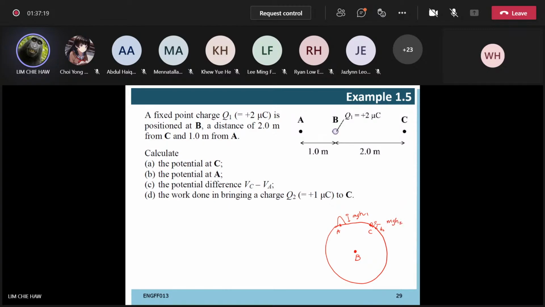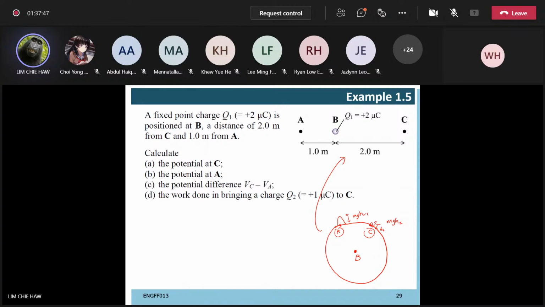Agree? Right. So basically B is our Earth, and point A is this location, and point C is this location.